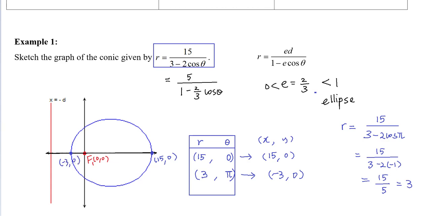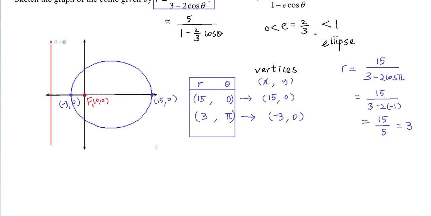And that's serving as a vertex, vertices of an ellipse. Vertices are the endpoints of the major axis of an ellipse. So then what is the center? Now the center is nothing but the midpoint between the two vertices.